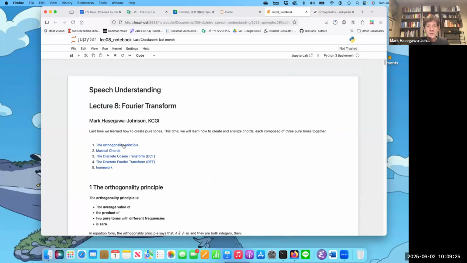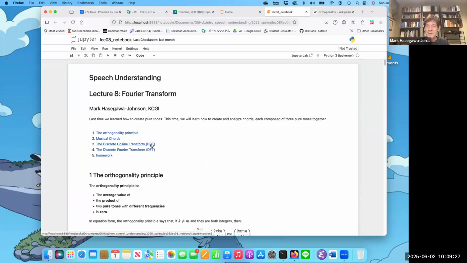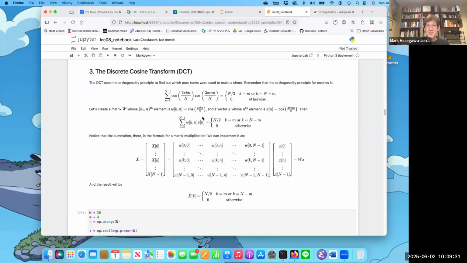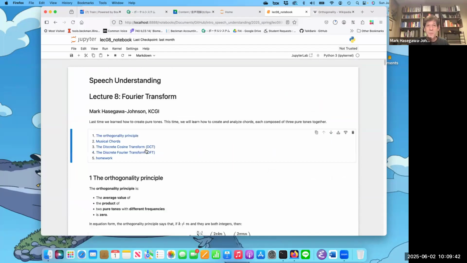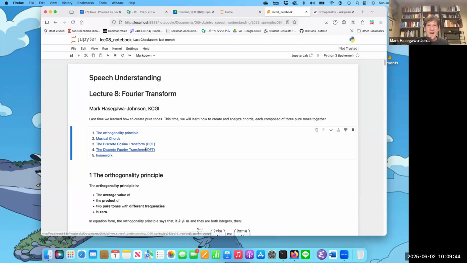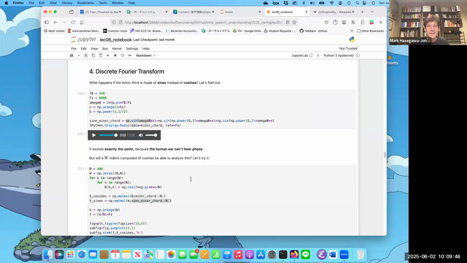I called that a discrete cosine transform, and that's because it only works for cosines. This discrete cosine transform only works if the input is the sum of cosines. It doesn't work if the input is the sum of sine waves. And so we have to solve that problem. And the way that Fourier solved it was by adding together cosines and sines.